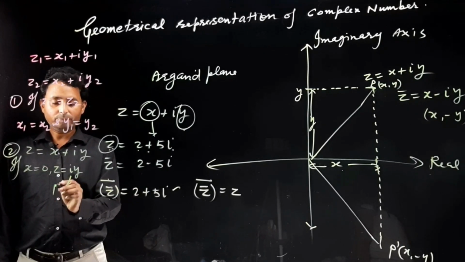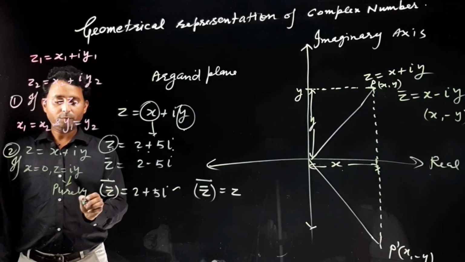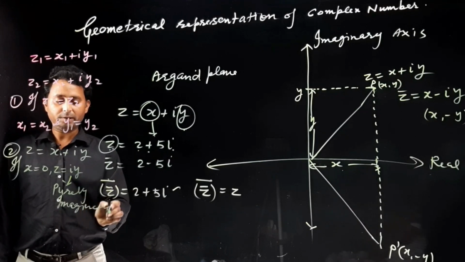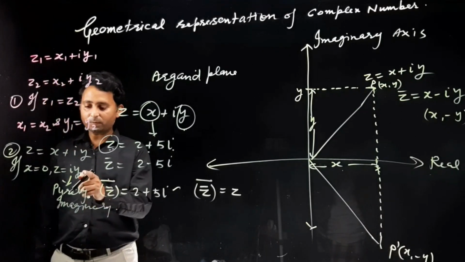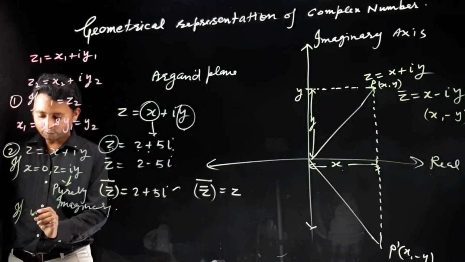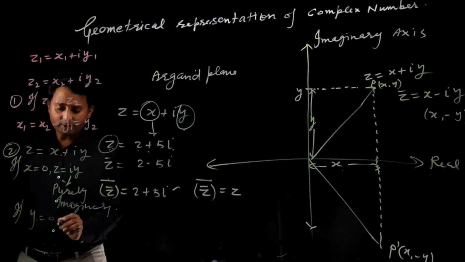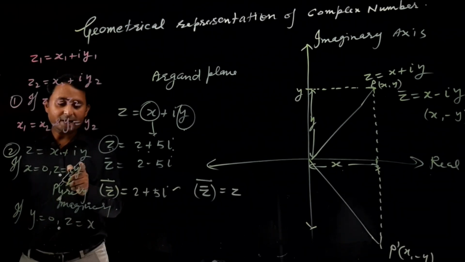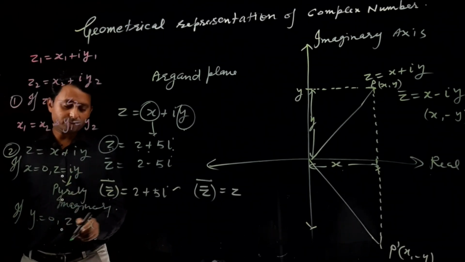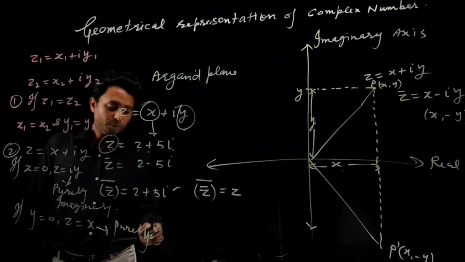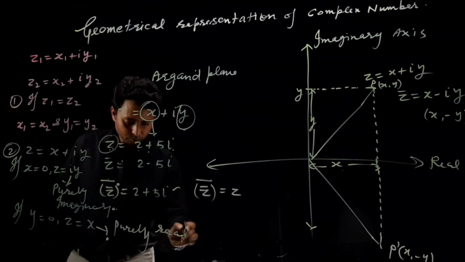And the second thing is, if y equals 0, then z equals x. If y equals 0, then the complex number will be purely real.